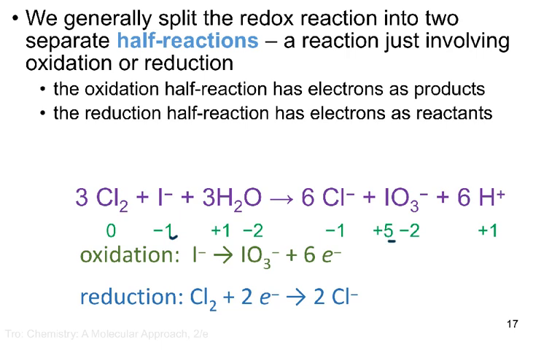And then you'll notice that the overall reaction has different coefficients than the half reactions. That's because we're going to use our half reactions to balance, so that we're balanced not only with atoms, but also by charge.